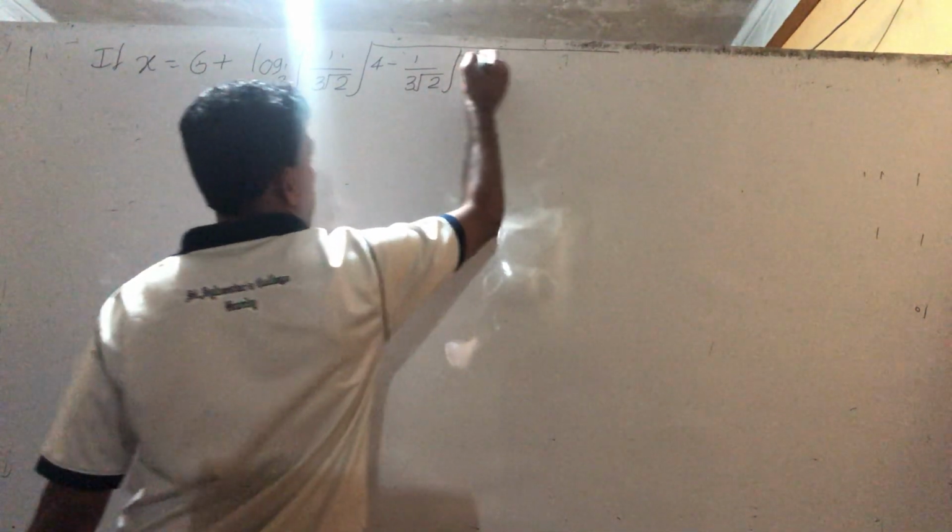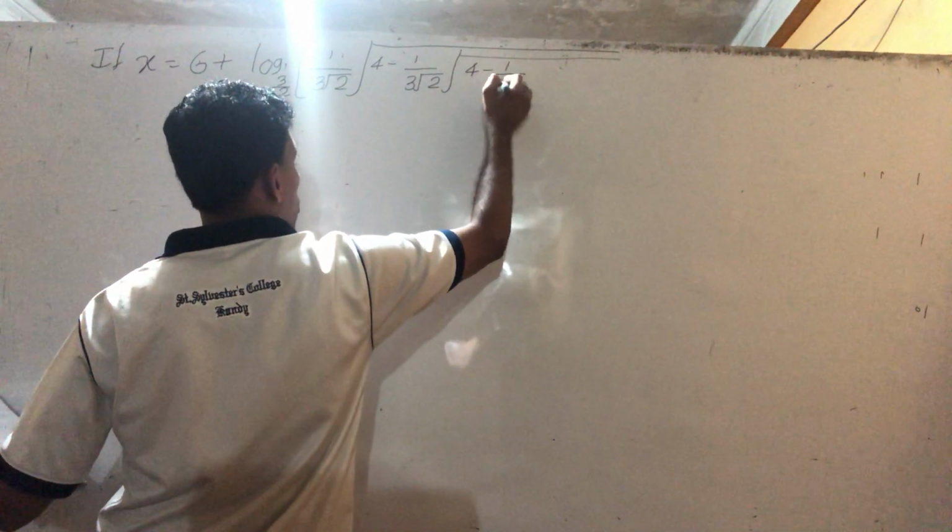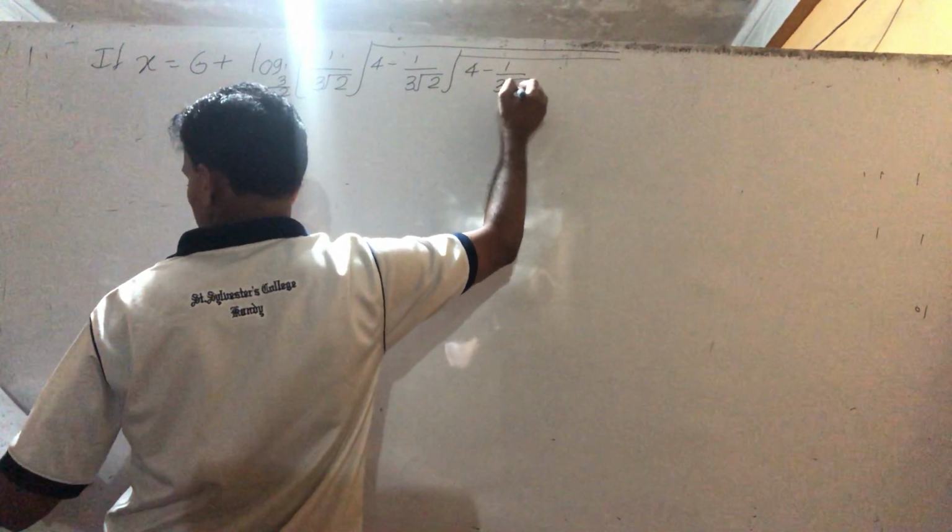Again square root 4 minus 1 over 3 root 2.